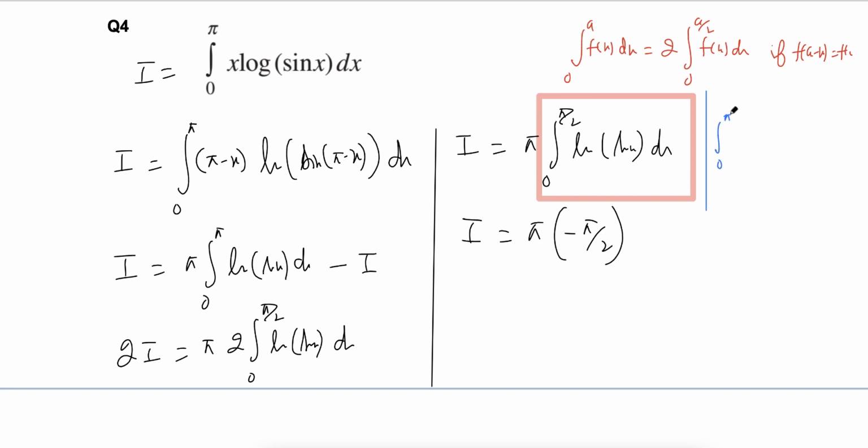All other places will use this: 0 to pi by 2 ln sin x dx will be equal to minus pi by 2 ln 2. Because so many times it will come in picture, we can directly use minus pi by 2 ln 2. I forgot ln 2. So finally I will be equal to minus pi square by 2 ln 2. This will be the answer. Correct?